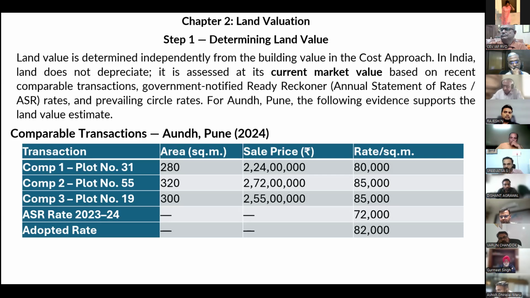We are not taking other things into consideration. Maybe the plot is park facing, or maybe it is a corner plot. We are just taking an average of the three, which approximately comes out to be 82,000 per square meter.